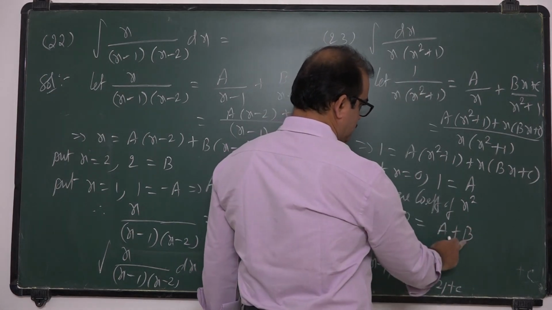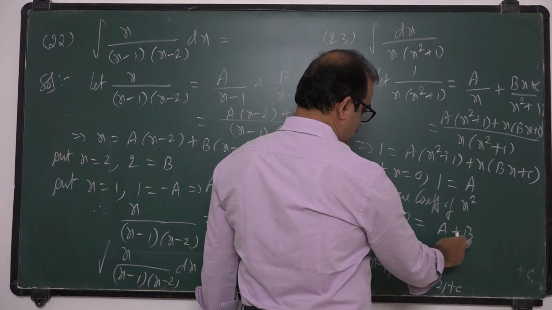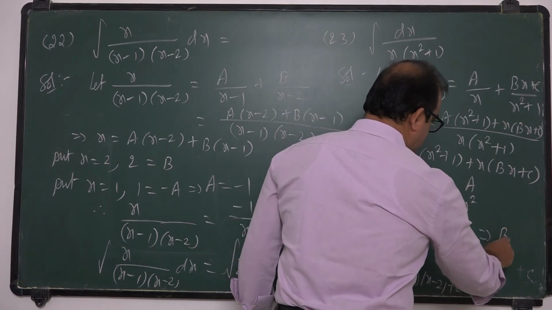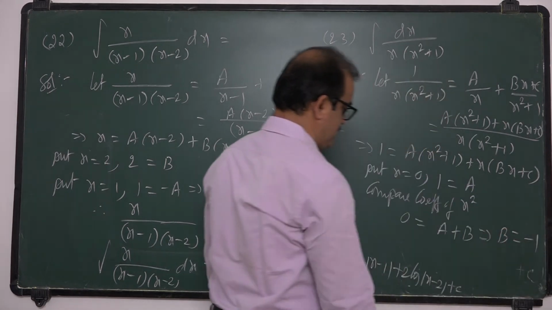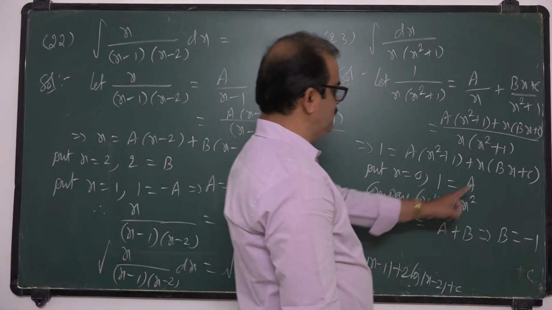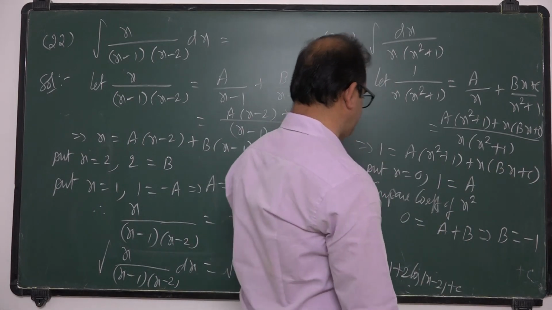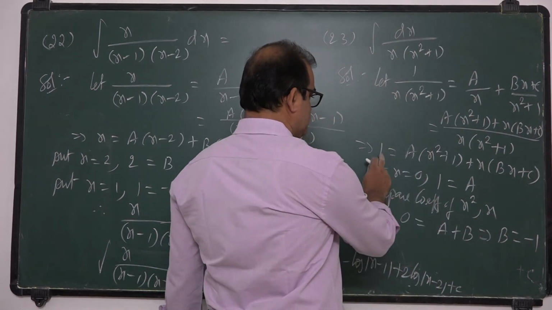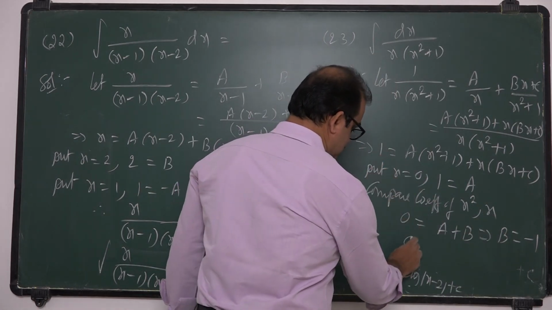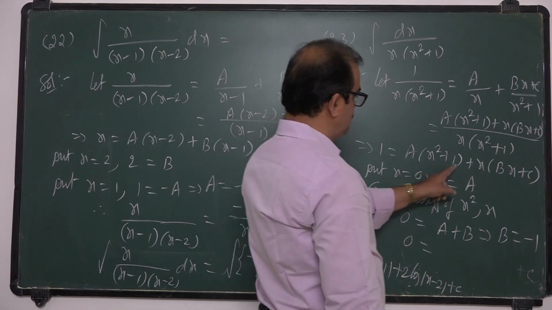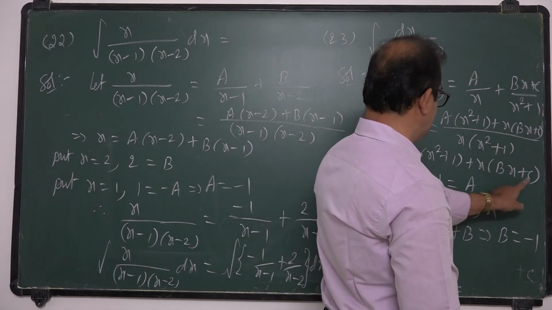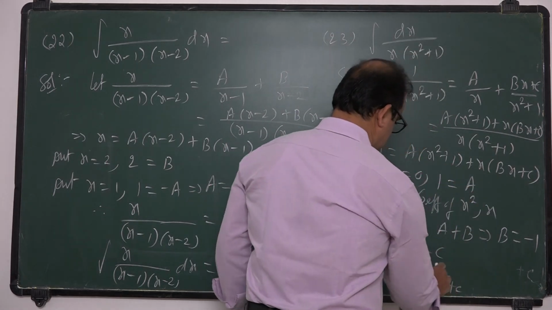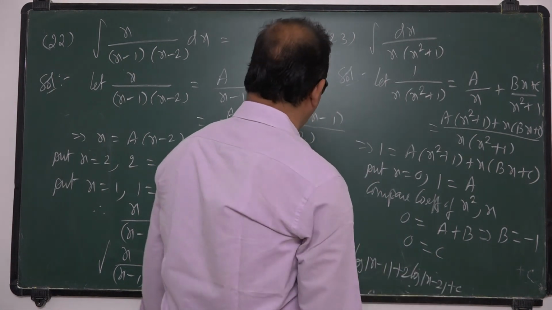From this, what is the value of b? b is equal to minus a, that is minus 1. Next, we find the value of c also. Compare the coefficient of x. There is no x term in LHS. 0 is equal to coefficient of x, x into c, c. So c is equal to 0.